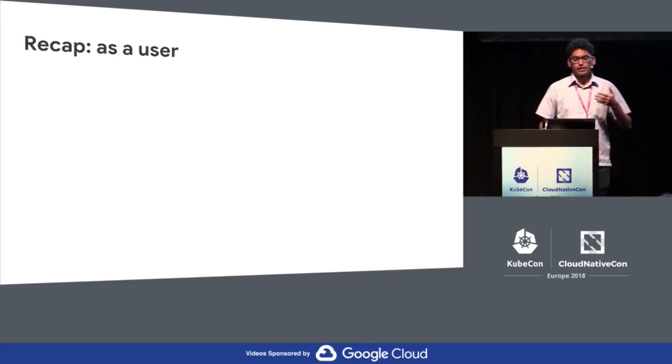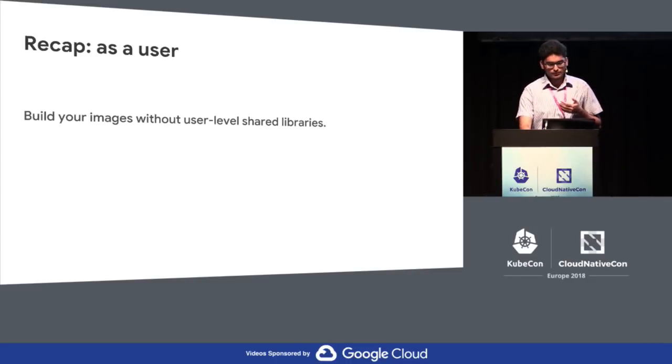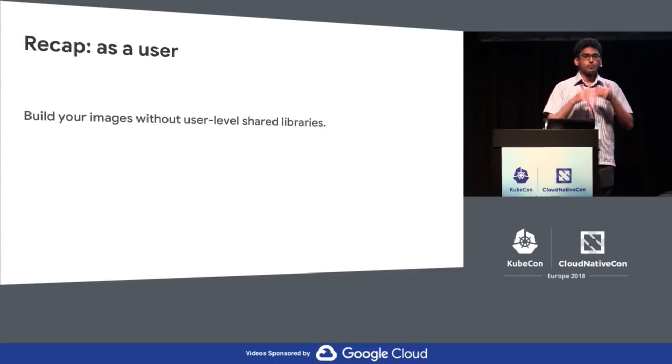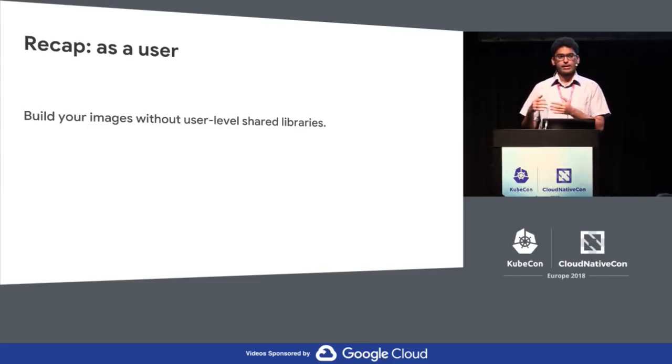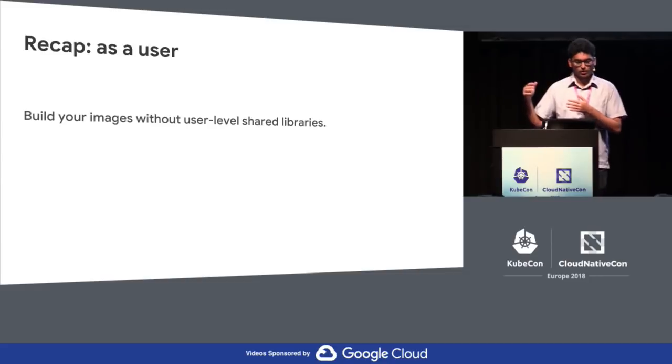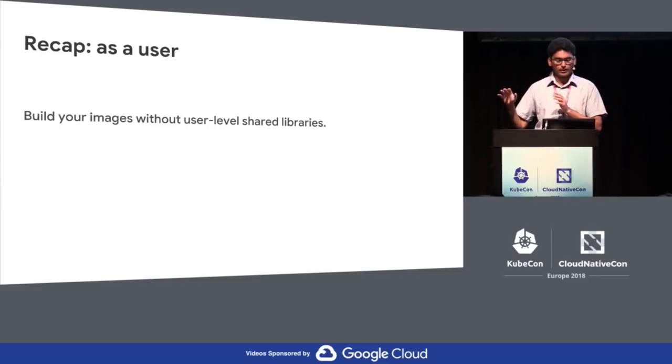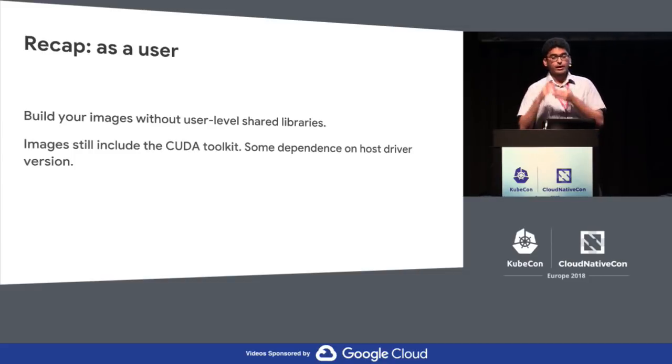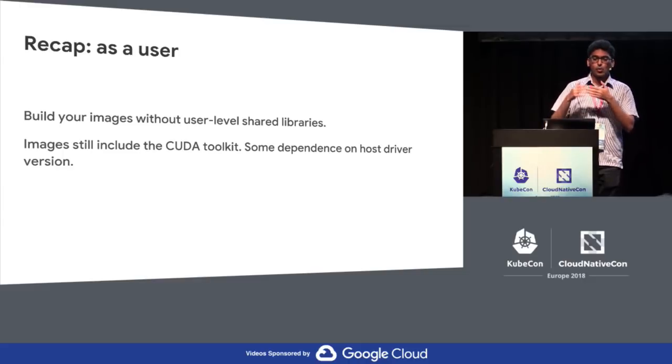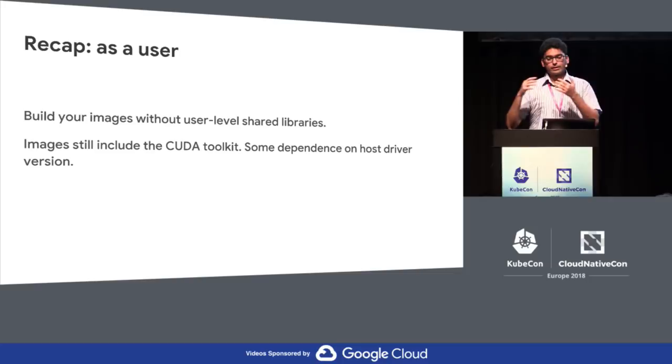So just to recap, what do you need to do as a user? As a user, you should build your images without user-level shared NVIDIA libraries like libnvidia-ml.so, and so on. They should not be part of your container image. However, the container image should still contain the CUDA toolkit. The CUDA toolkit does have some dependence on the host driver version.